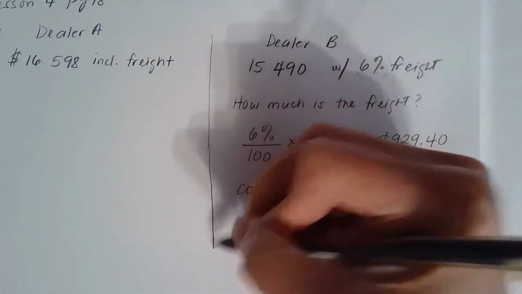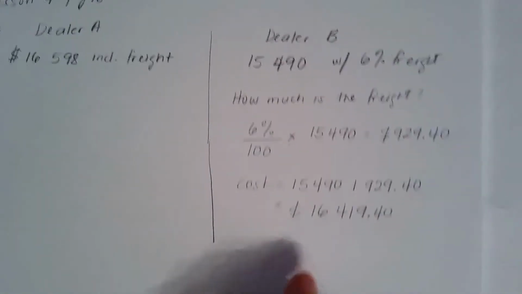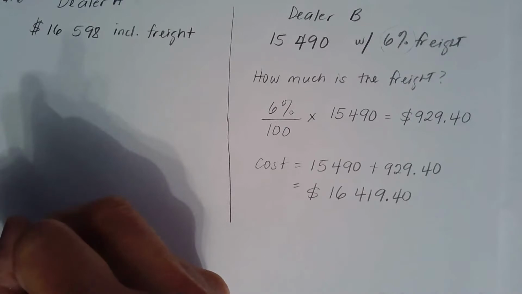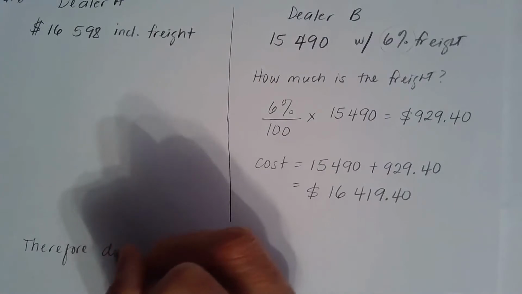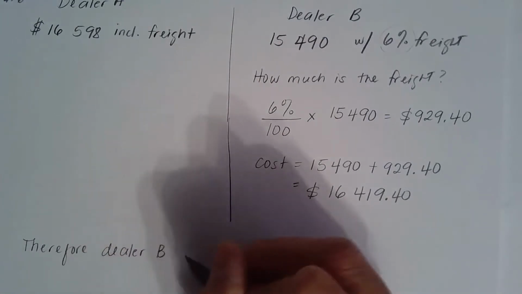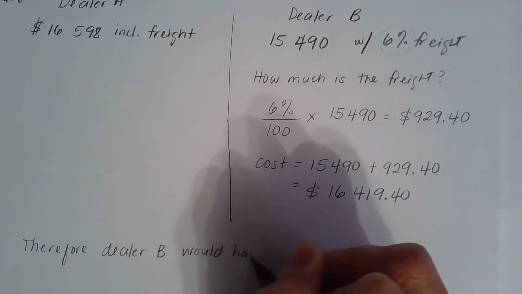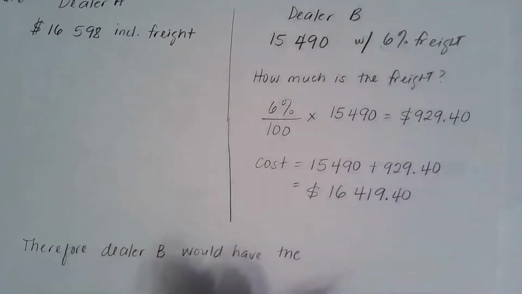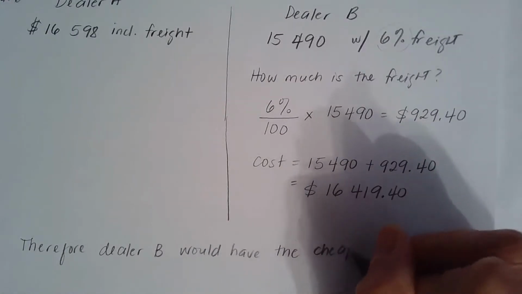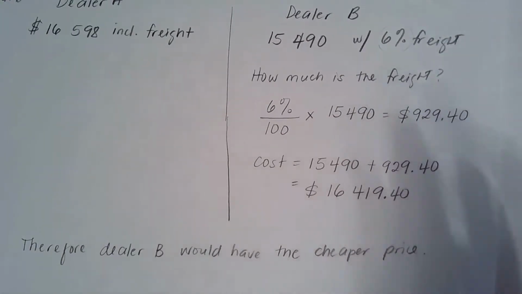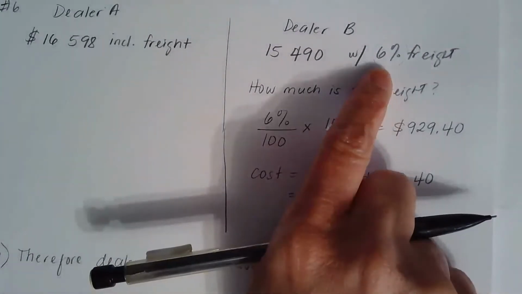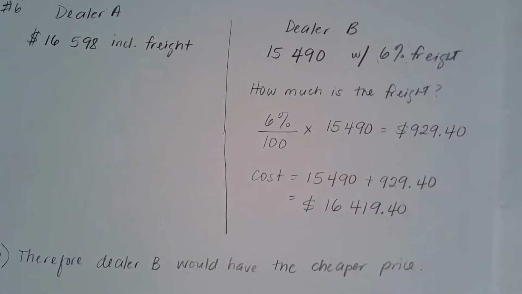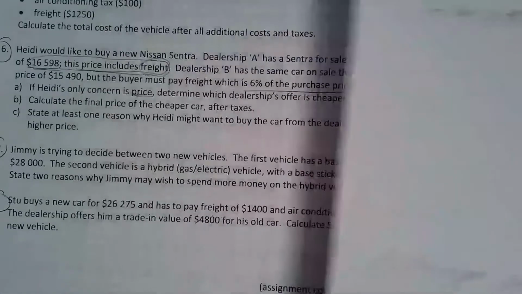So if it's just the price that we are concerned with, then dealer B would have the cheaper price, or lower price. That was not bad. The only thing different there is the 6% freight, where we had to do an extra calculation.